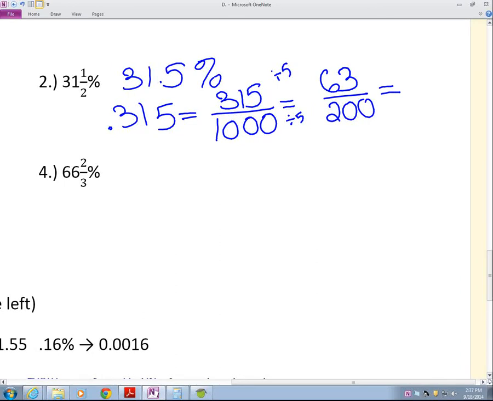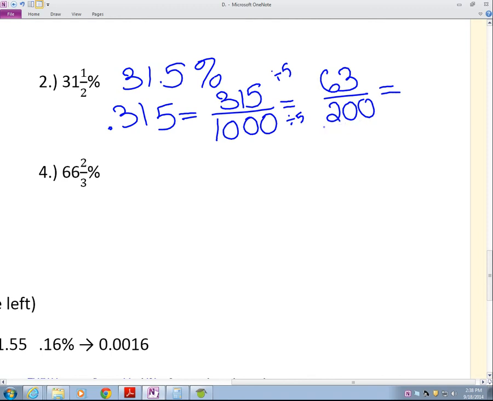Think about what goes into 63. 6 plus 3 is 9, so we know it's going to be 3. It's not going to be 6 because it's not an even number. 9 does not go into this one. Charlie, what do you think? 7?